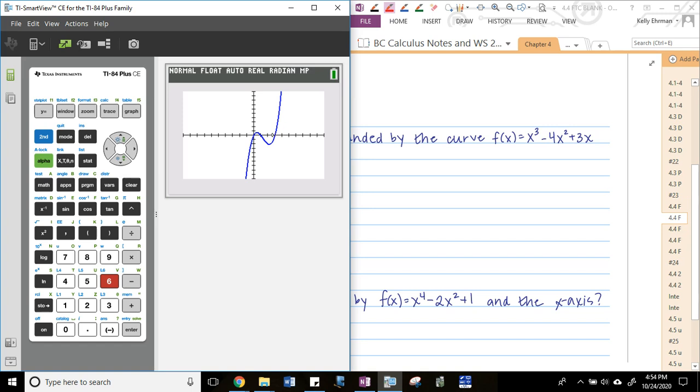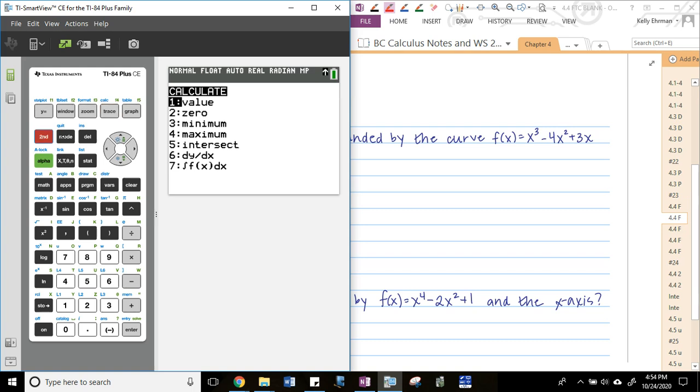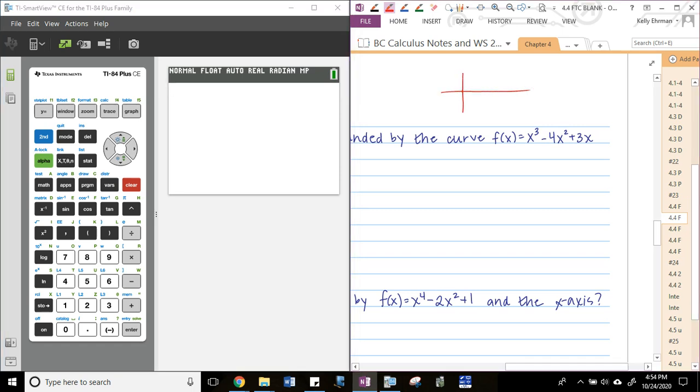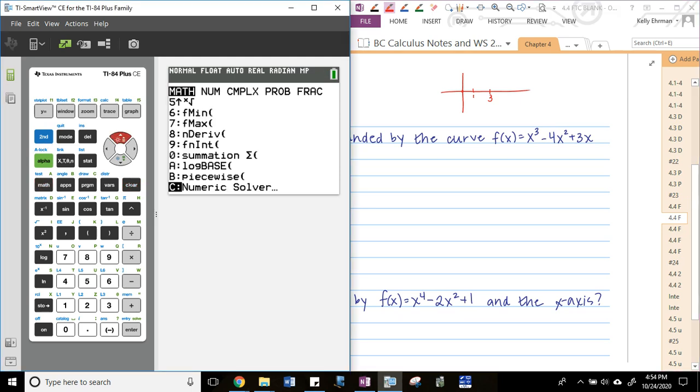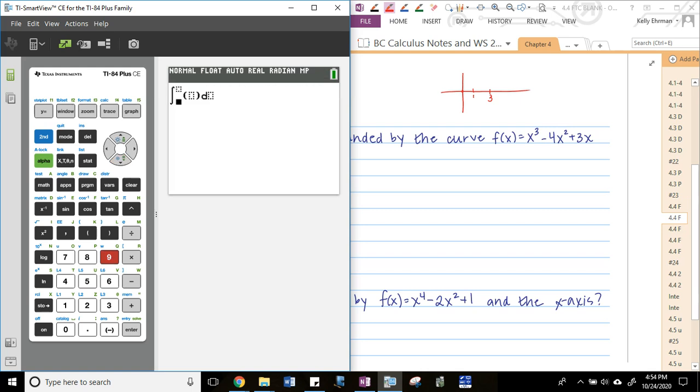If I wasn't sure of that, I could use the zero feature in this menu, but I'm not going to take the time to do that. So the zeros were 0, 1, and 3, right? So you can do this 2 ways. You can do the integral from 0 to 1 of, you know what, I've already typed in f of x into my y equals.